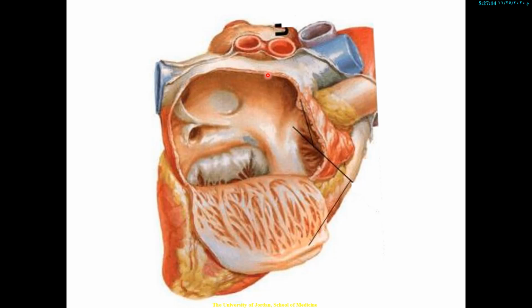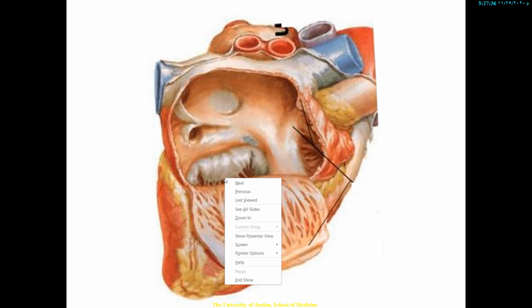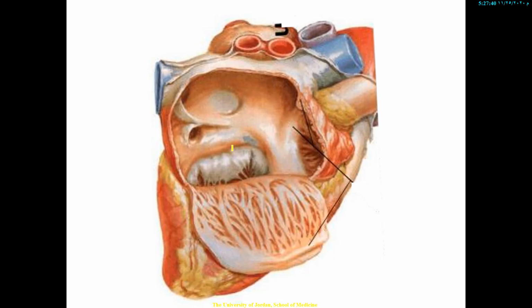If the heart was lying in our body in this position, the blood would have easily come from the atria, in this case the right atrium, downward to the right ventricle. If we were to draw the direction of this valve, it would be totally horizontal, like this.